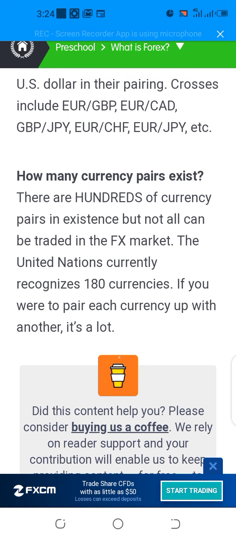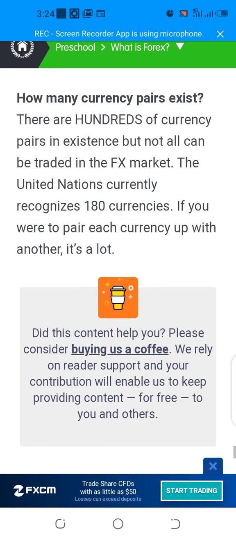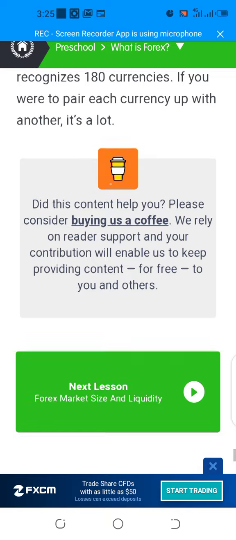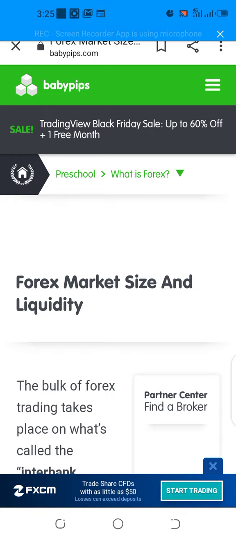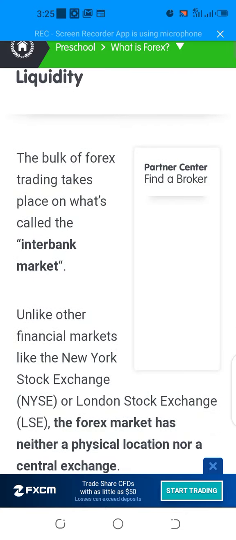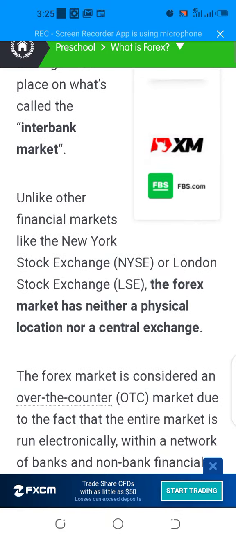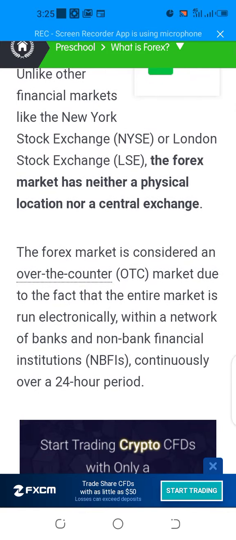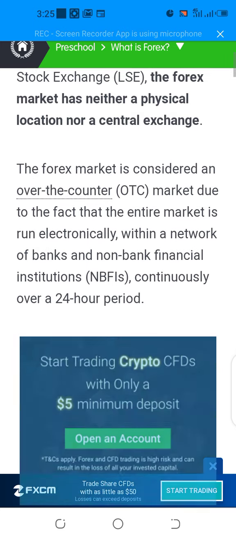How to calculate a pip? 4 decimal places are used for pairs without yen, while 2 decimal places are used for pairs with yen. Some brokers use more than these 4 and 2 decimal quotes. In other words, some brokers use the 5 and 3 fractional pip system, or pipettes.